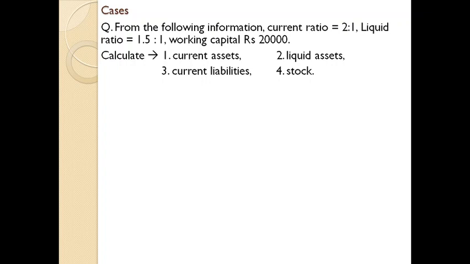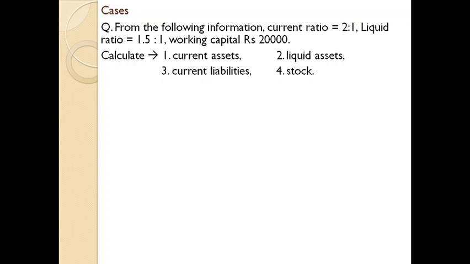Whenever a case comes like this and you know the equations, just go for the item depicted in amount form, that is 20,000. Only on the basis of that item can we find out the values of each item which has to be computed in different questions.